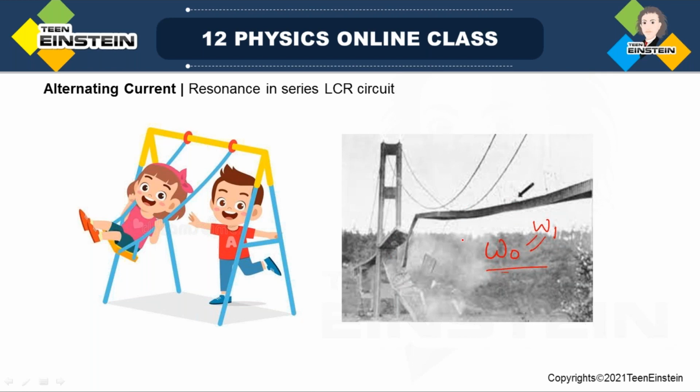Resonance means when you give a force or energy by an external agency to a system which has a particular natural frequency of oscillation, if the frequency of the external agency becomes nearly equal to the natural frequency of the oscillating system, then the amplitude of the oscillations increases like anything, and that phenomenon is called resonance.